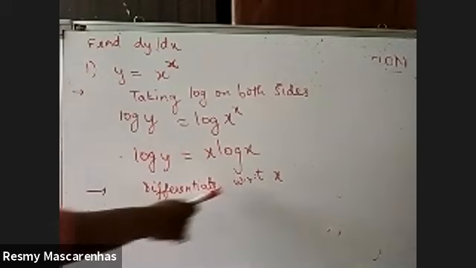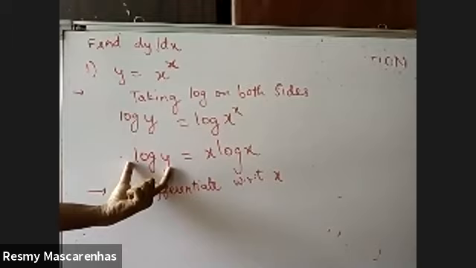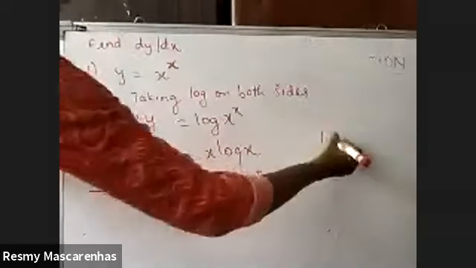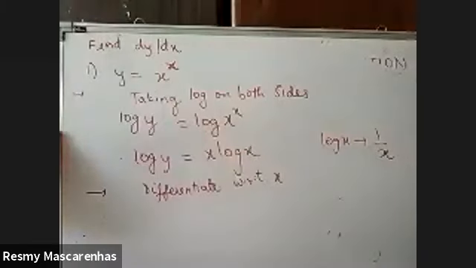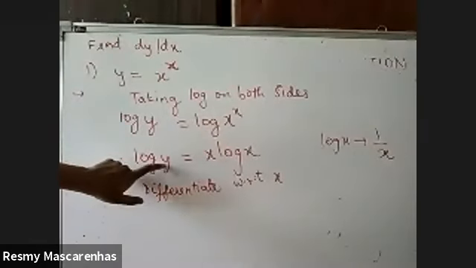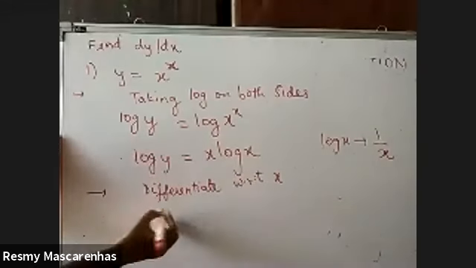To differentiate with respect to x. So now you have to find the derivative of this. Now, log of something. What is the derivative of log x? 1 by x. But instead of x, it is y now. We are differentiating with respect to x. So what is the derivative of log y?